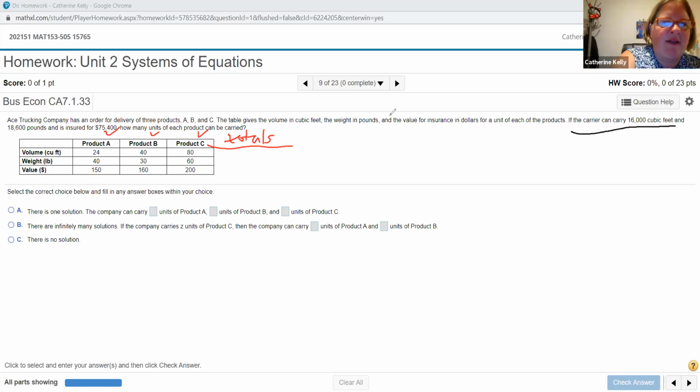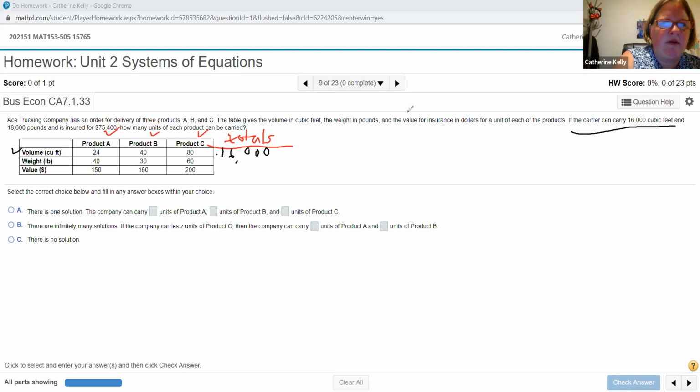So I look here and the volume says cubic feet. So I'm going to have my next one be 16,000 for the first total. Then if I look at some more, it says there are 18,600 pounds.